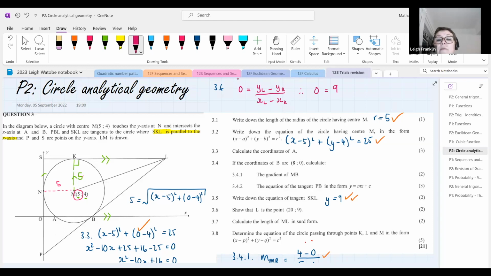We can sub that in. The y coordinate at K, remember initially we were talking about the coordinates at that point. So our x coordinate would be 5, our y coordinate would be 9, wouldn't it? So that would be 9 minus 9 over our x coordinate at L. We don't know. No, but you see, then when we cross multiply with 0, the gradient is not going to help us. I feel very silly right now. There must be something very simple here.